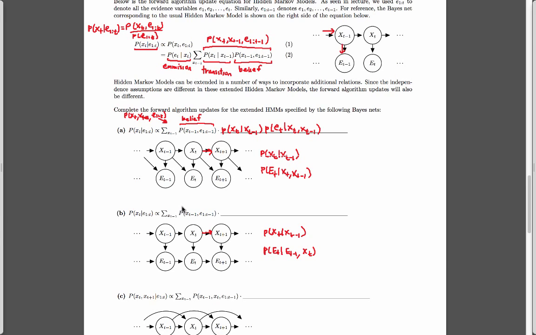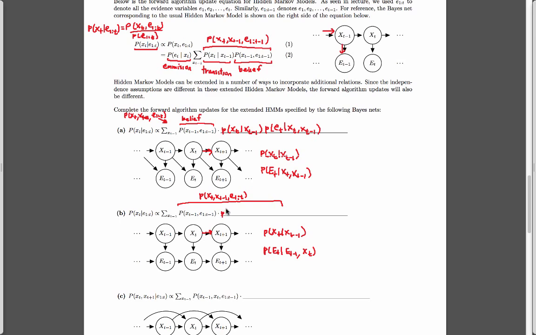So back right here, we're starting off with our belief. And then in order to get a value in here that is equal to the probability of XT and XT minus 1 and E1 through T, we're going to multiply our belief at the previous time step by both our transition model, which is xt given xt minus 1, and that will give us this term right here, and by our emission model right here, and that will give us the additional ET instead of having only E1 through ET minus 1.